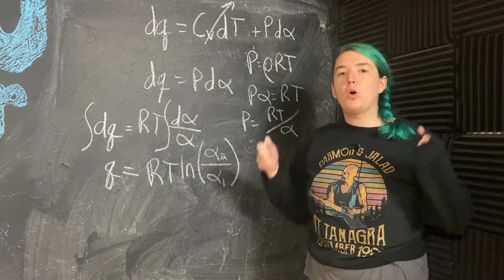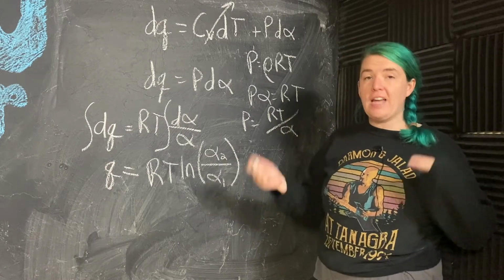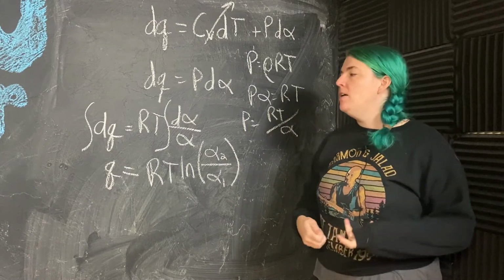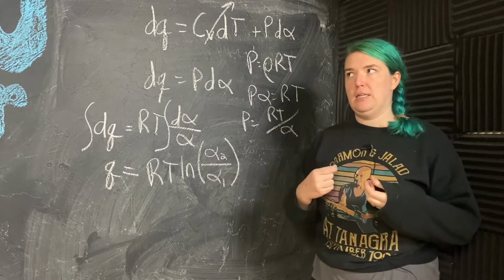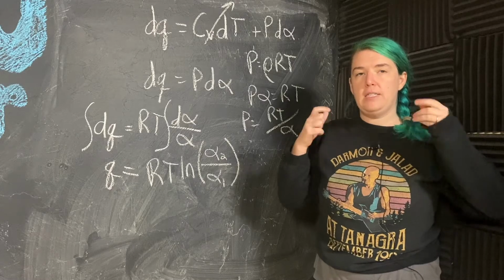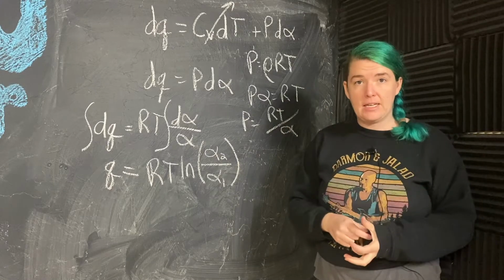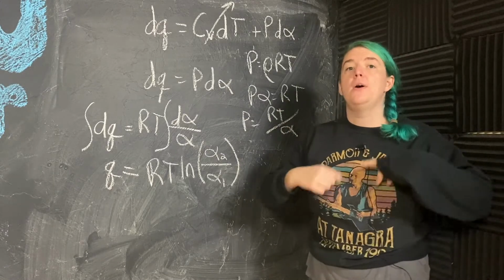And for a perfectly efficient Carnot cycle, Carnot engine, that would be the same amount of energy that is redeposited into that temperature reservoir in the casing during isothermal compression.